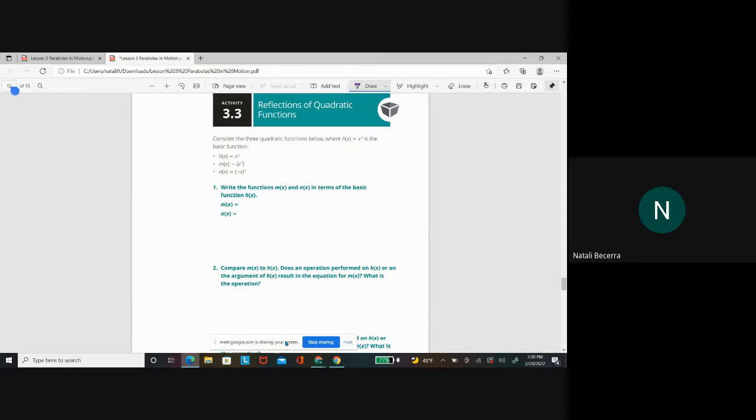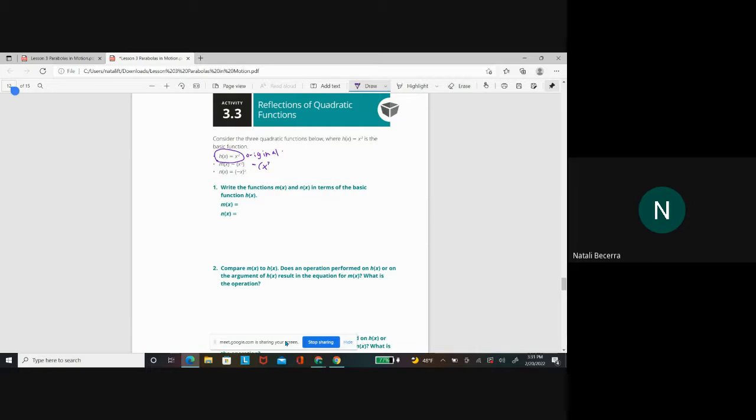h of x. So this was the basic function h of x equals x squared. Remember, this is our original. m(x) equals x squared? No, I think they meant to put negative x squared. They messed up here.